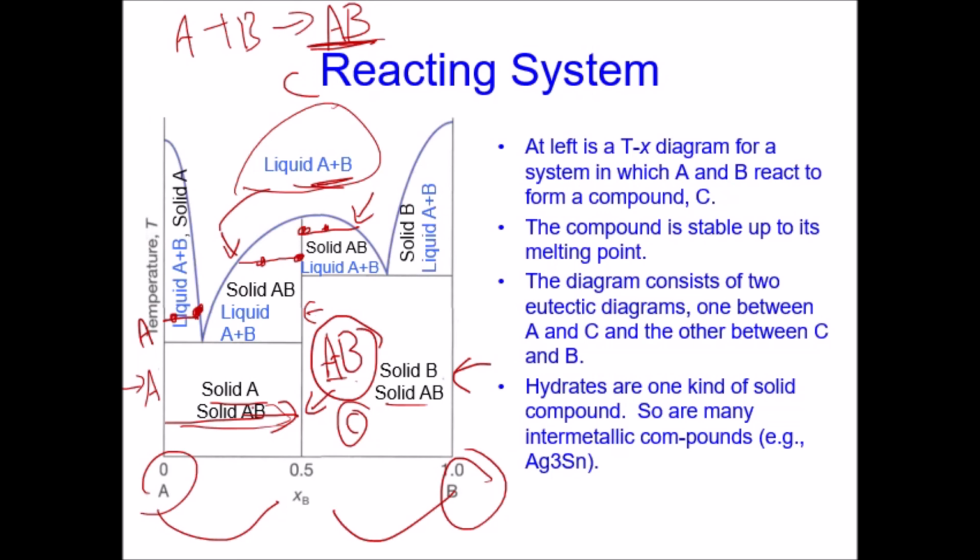Any point here, you have solid B and the mixture solution of AB. Notice that we have two eutectic compositions. One is for the product AB and B, and the other is for product AB and A.